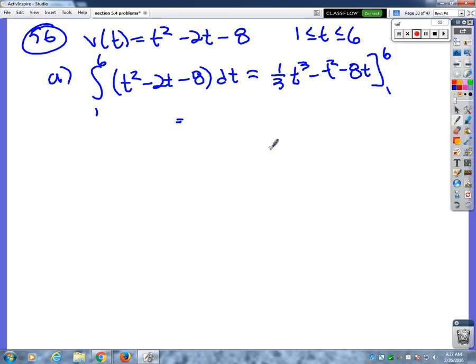Then you put in 6. 6 cubed is 216, and that is divisible by 3, so that comes out to be 72. All right? So 72 minus 6 squared is 36, minus 8 times 6 is 48. Minus, then I have to put 1 in there. That's easy. 1/3 minus 1 minus 8.